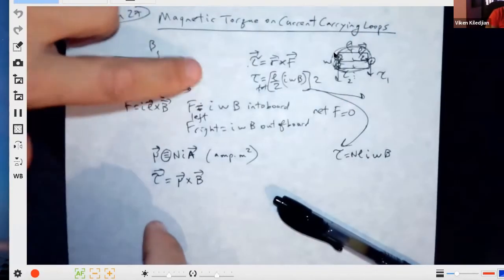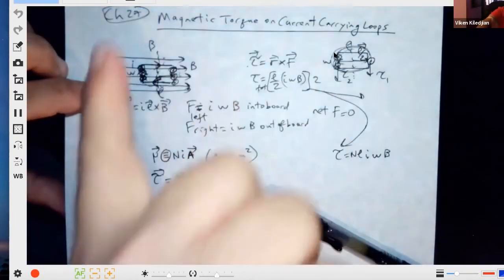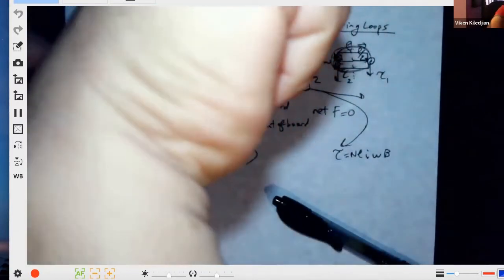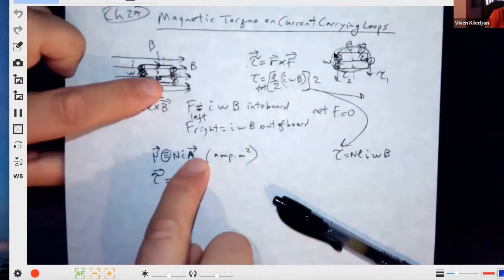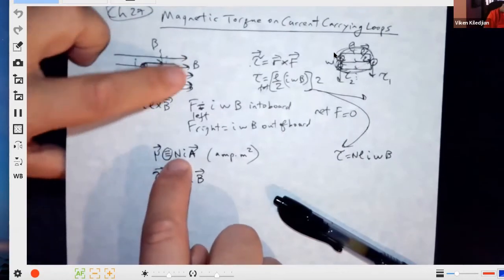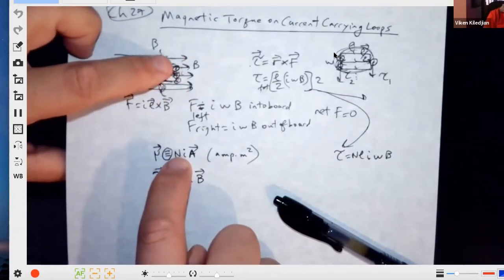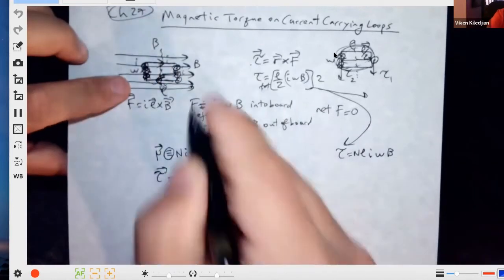If it was counterclockwise, then the area vector would be out of the board.